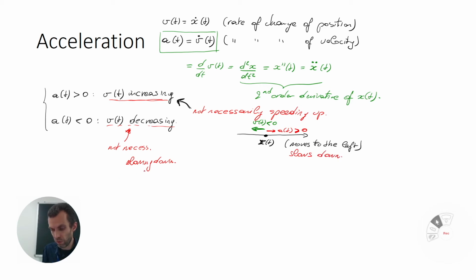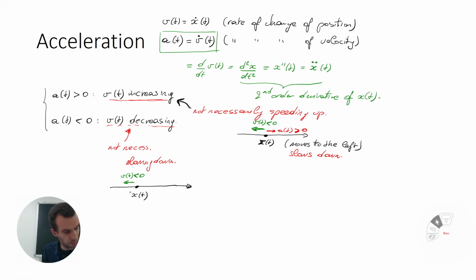And then for the acceleration negative, you can have a similar example. So here, if we have a particle that is moving in the negative direction, again, v of t smaller than 0, so it's moving to the left.